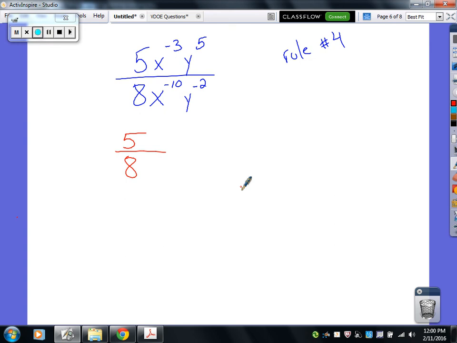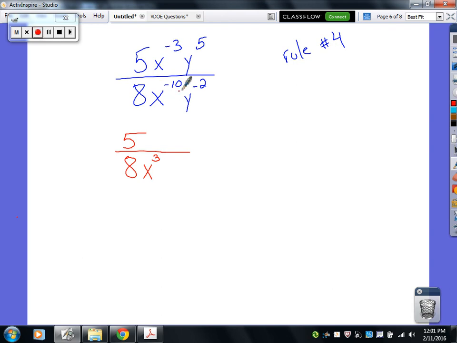So I'm going to move x to the negative third to the denominator, and when it gets there, it turns positive. This x to the negative third is going to move here, and it turns positive when that happens. That's rule 4. I haven't done that yet. I'm just telling you that's what's happening with this.